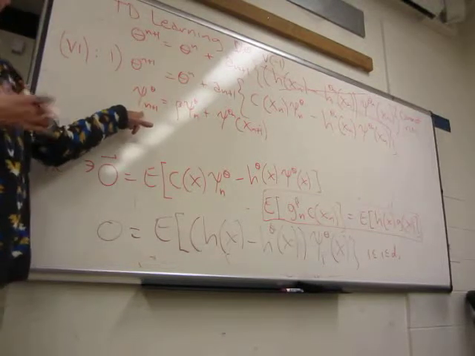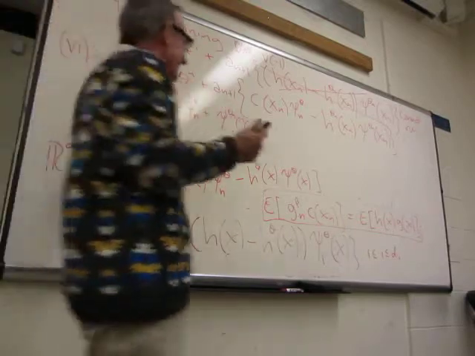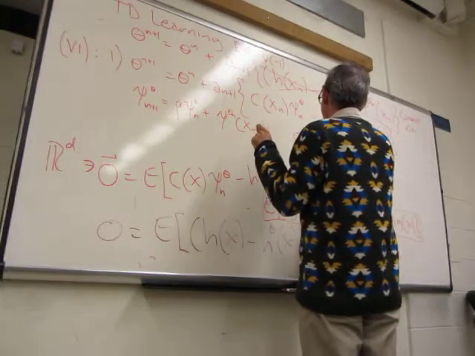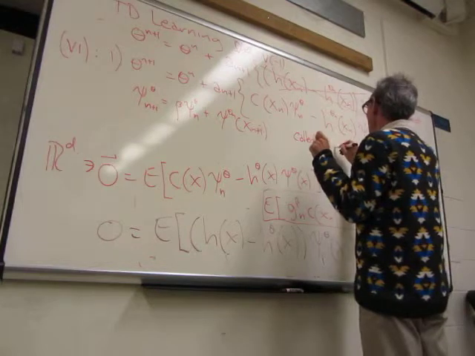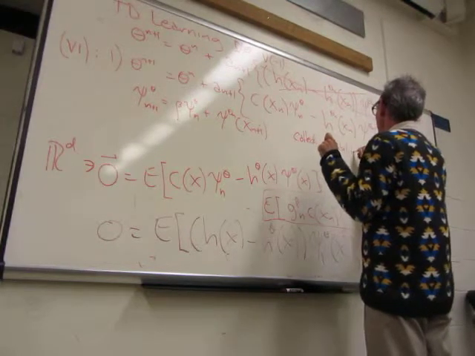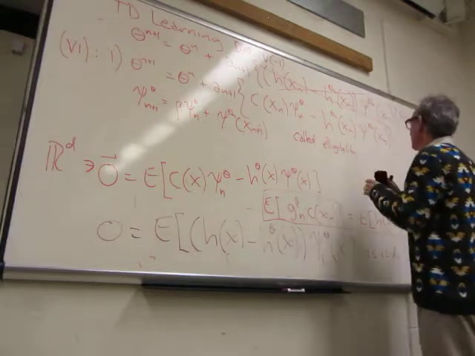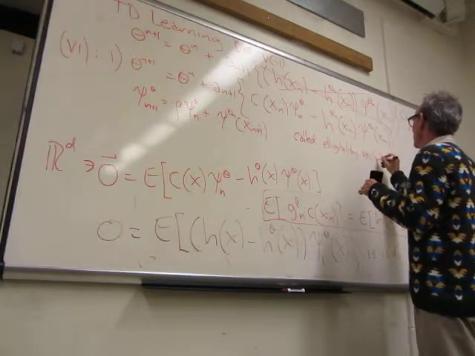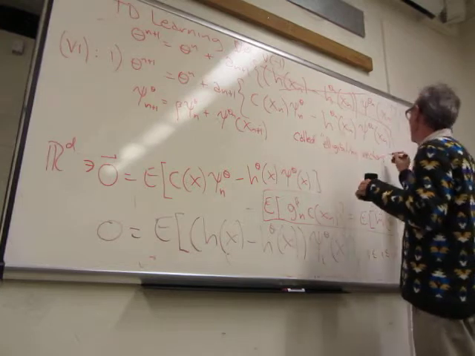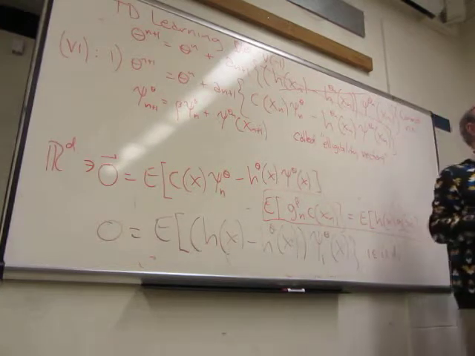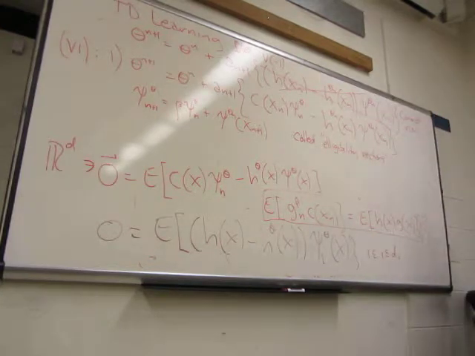These vectors they call the eligibility vectors. Now, somebody gave me a beautiful answer for why the Q function was a quality function. Why are these eligible?